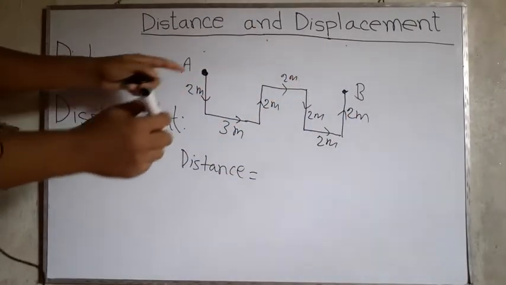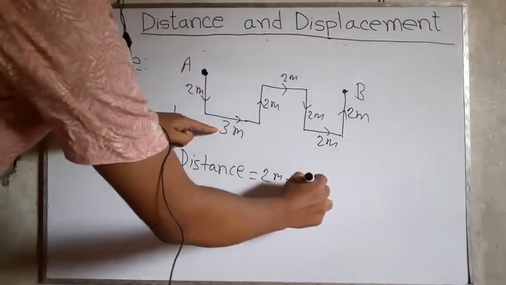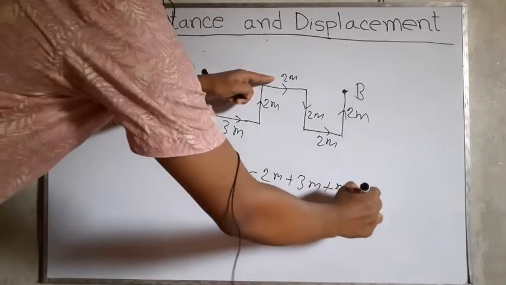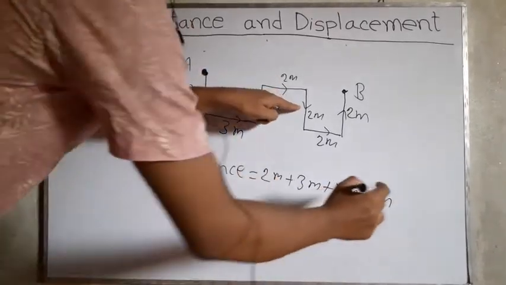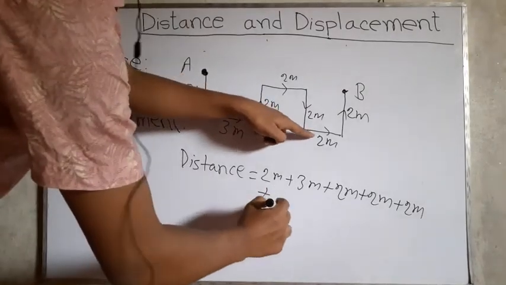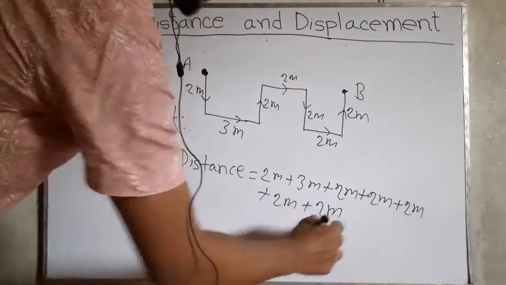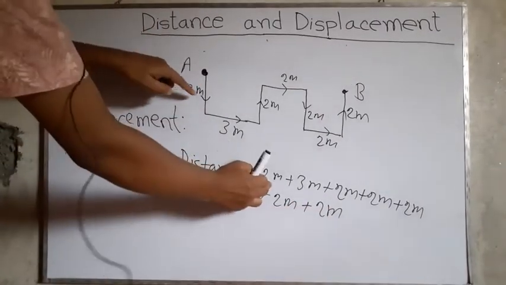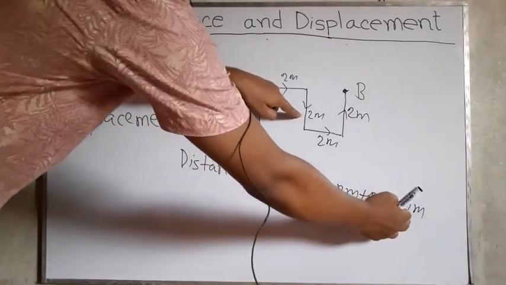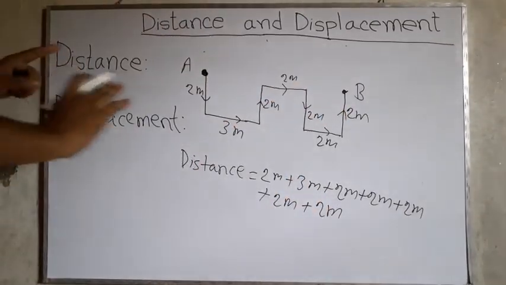The total length of the path will be 2 meter plus 3 meter plus 2 meter plus 2 meter plus this 2 meter plus this 2 meter plus this 2 meter. This is the total length of the path.